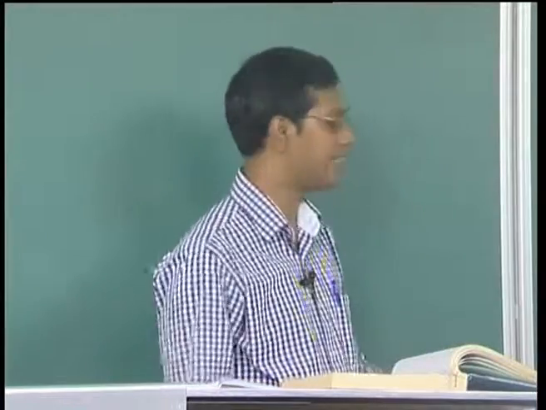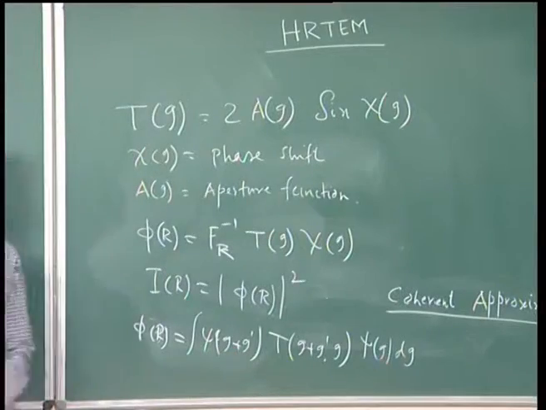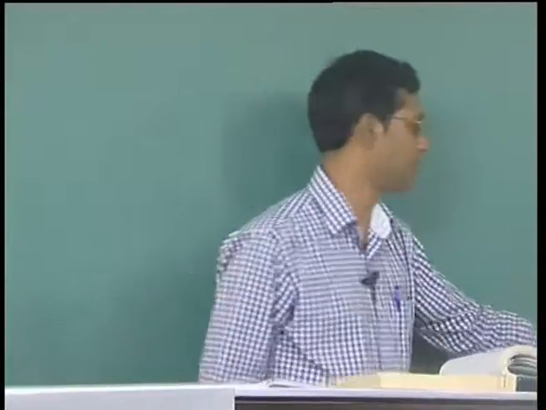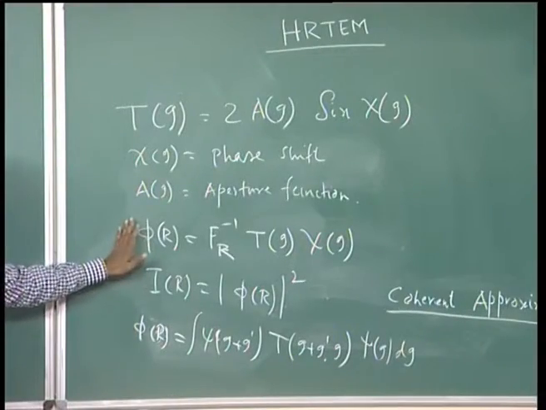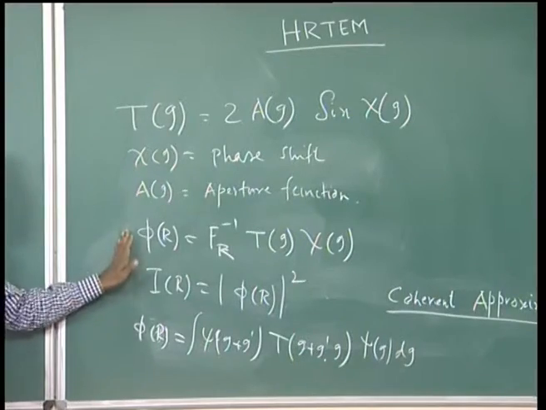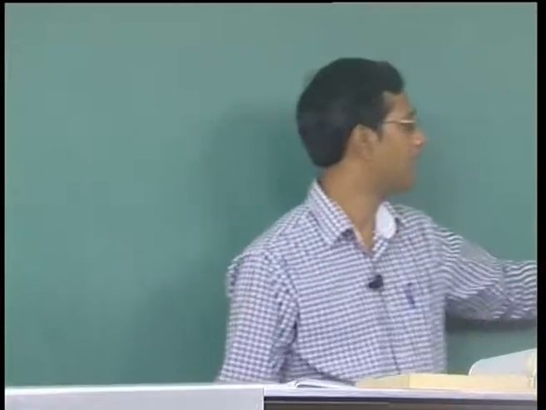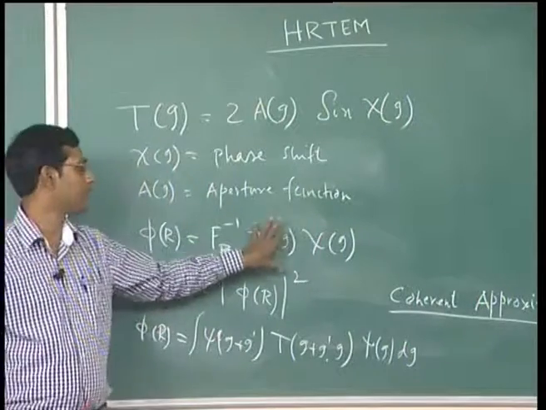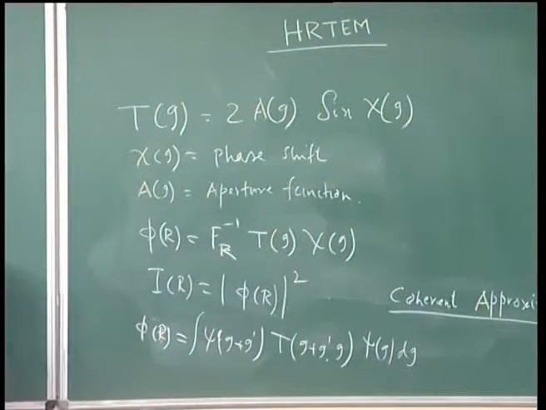That basically tells you the interaction between these two different spatial frequencies, g and g prime. But forget about it, we are not going to use this. We are going to use the coherent approximation, for which the wave function at the image plane can be calculated using the inverse Fourier transformation of the transfer function and the phase shift.